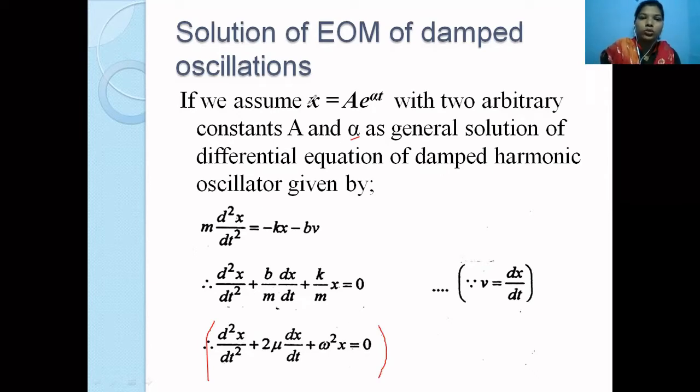The solution that we are assuming for this equation of motion of damped oscillation is x equals a e raised to alpha t. Let us check whether the solution we have chosen is or is not the general solution of this damped harmonic oscillation differential equation.